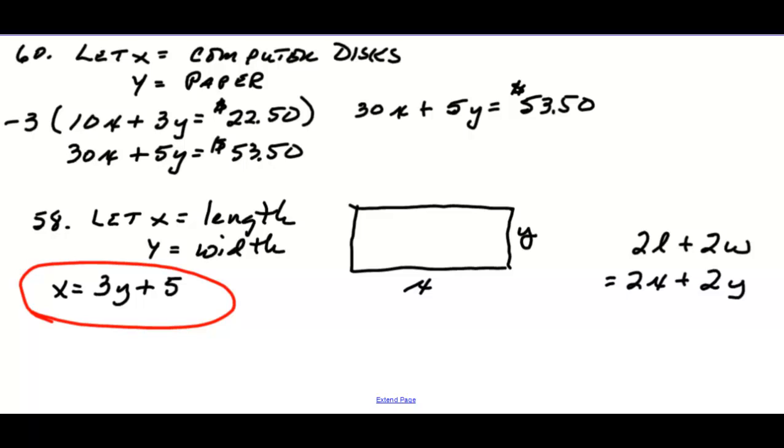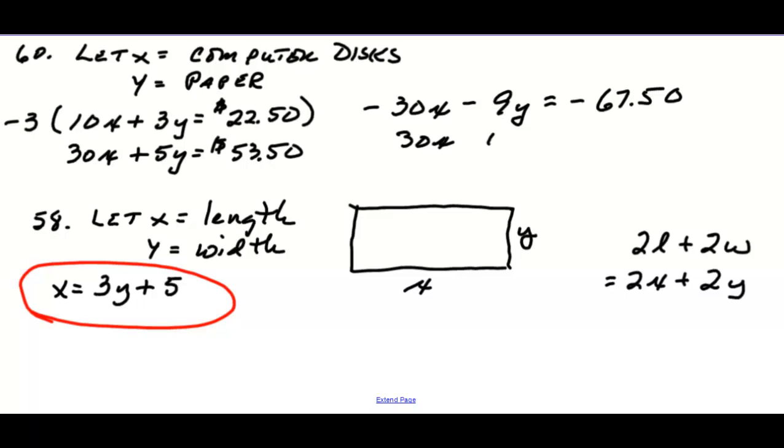Because what that would give me, once I did the multiplication, is minus 30x minus 9y equals minus 67.50. And of course we have 30x plus 5y, and that equals 53.50. So when we combine those, we'd have a negative 4y equals a negative 14.